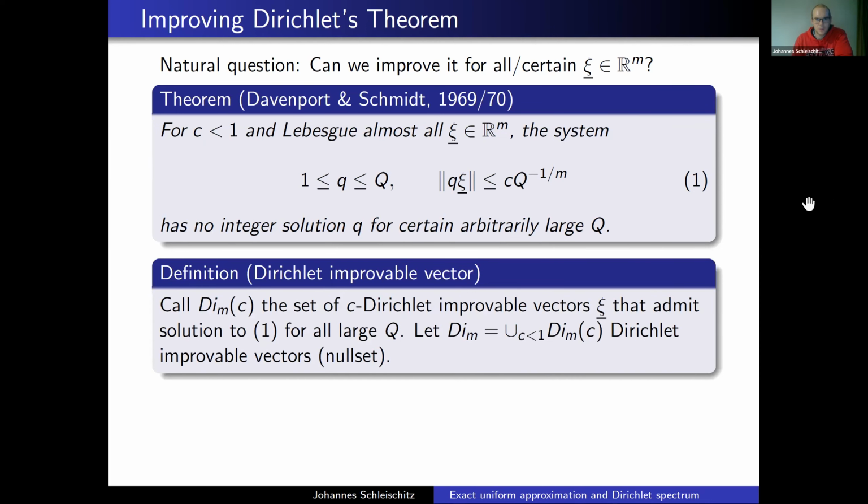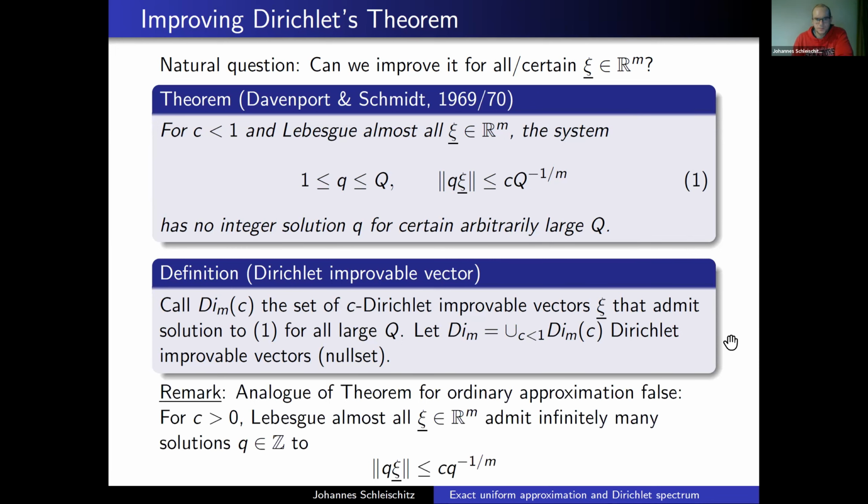We call a vector psi Dirichlet improvable if this system has a solution for all large Q. I denote this set by DIM of c, and if there's just any c smaller than 1 for which this is true, so the union over c smaller than 1, I just write DIM, and this is usually referred to as Dirichlet improvable vectors.